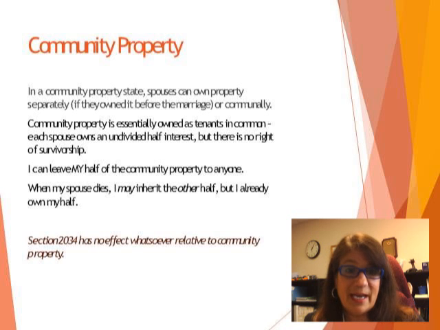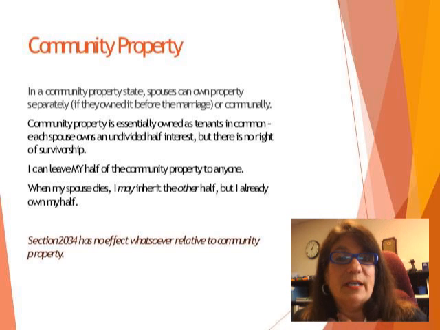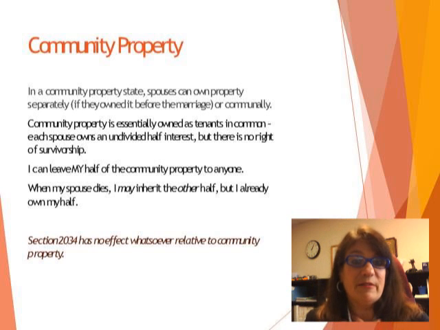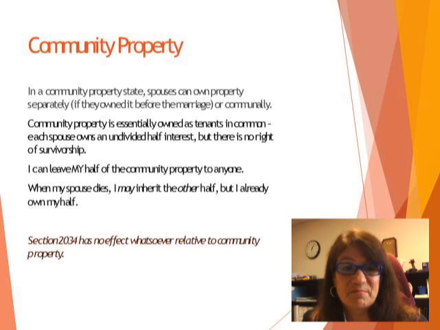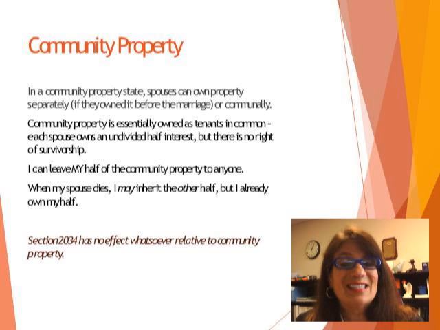I can leave my half to anybody I want. I could sell my half. When my spouse dies, I may inherit that other half, but I already own my half. So this is a way of protecting my interests, but this actually gives me a property right during my spouse's lifetime, right? Rather than a right to inherit later. Section 2034 has absolutely no effect on community property. This does not change.